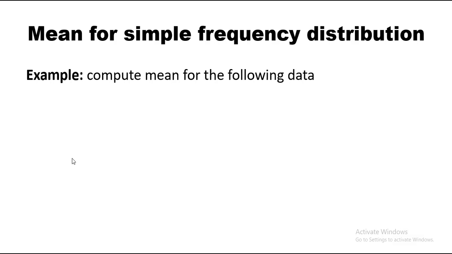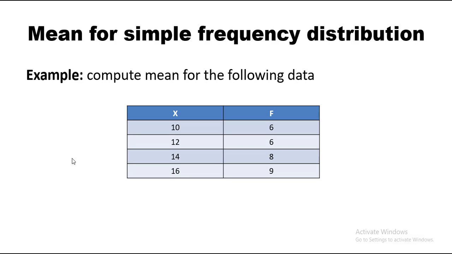Moving on, this is the case 2, which is mean for simple frequency distribution. Now compute the mean for the following data. This is the table, the data whose mean is asked here.